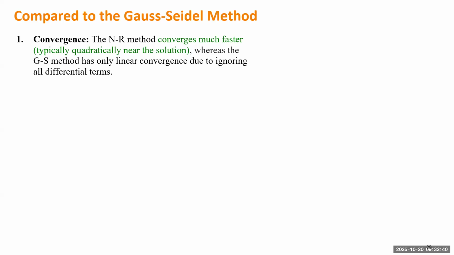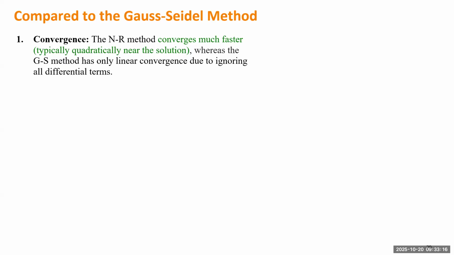If you want to propose another method, you use the linear part and the second order part, and you ignore third order, fourth order, any higher order terms, you can call such a method third order convergence. That can give you better convergence, but that will introduce some more problems, more difficulty to calculate. I will talk about that shortly. But the Gauss-Seidel method doesn't utilize any differential term of the Taylor expansion.